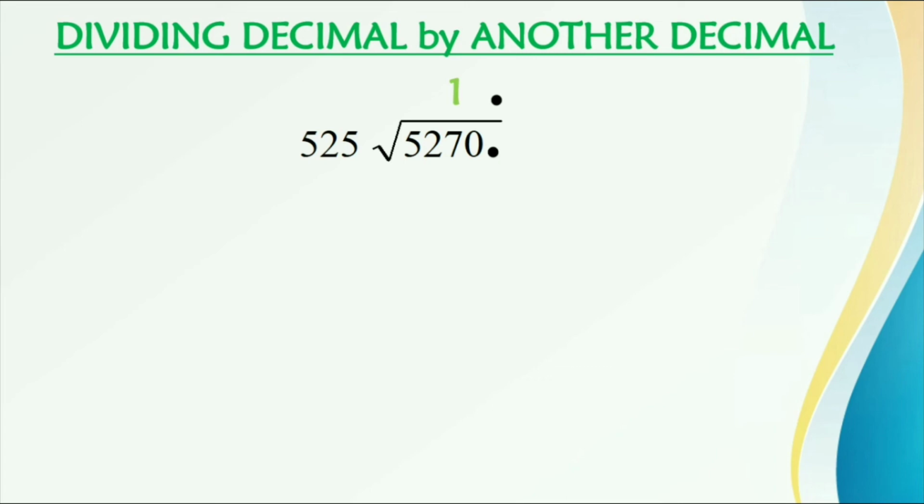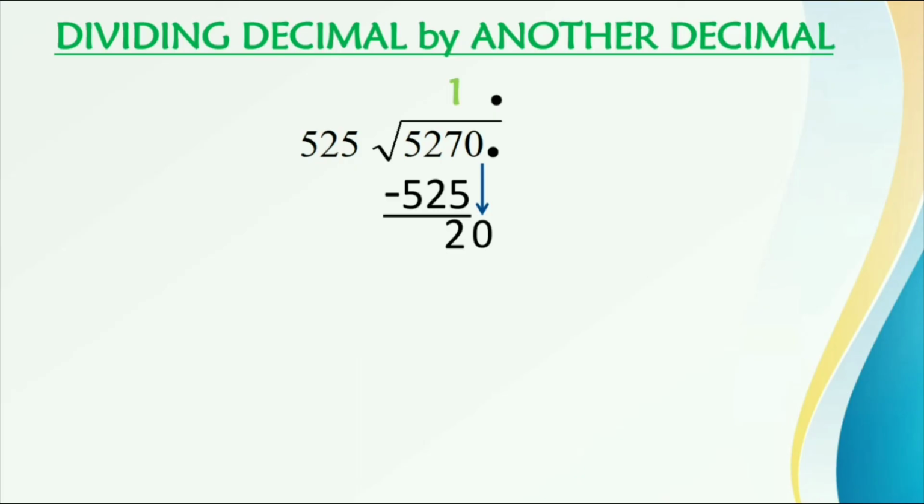Okay, again, itatapat natin yung answer na 1 dun sa last digit na dinivide natin. Since 527, ang last digit ay 7, so nakatapat yung 1. So, then multiply 1 times 525 and then subtract 527 minus 525 will give us 2. Okay, so para matuloy natin, bring down natin yung 0. Okay, then divide by 525.